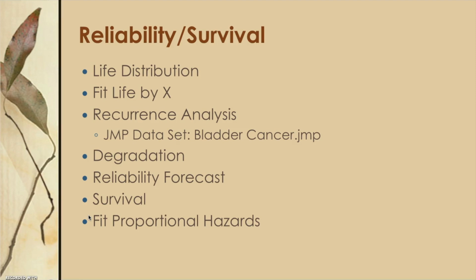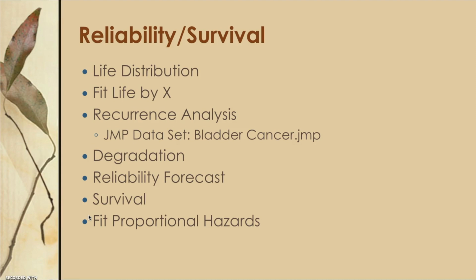And then we have recurrence analysis, and this one is, for example, if you're using a particular piece of machinery, you want to see how often a particular failure occurs with that one piece of machinery. I'll go a little bit more into depth about this when I'm doing the demonstration, and I'm going to be using bladder cancer data.